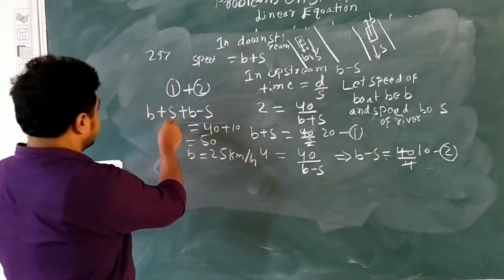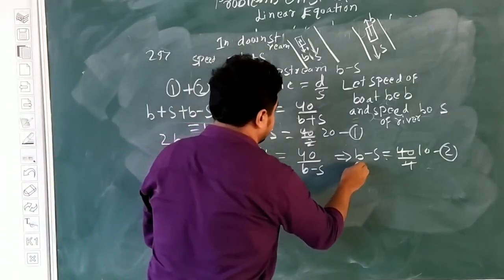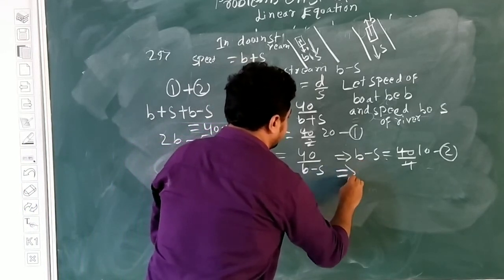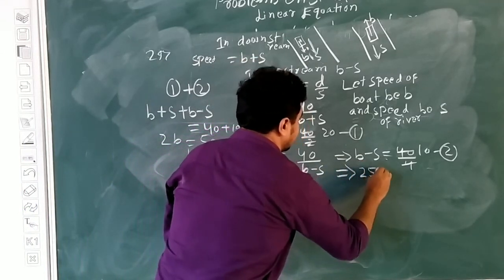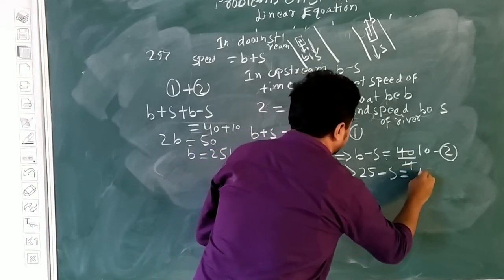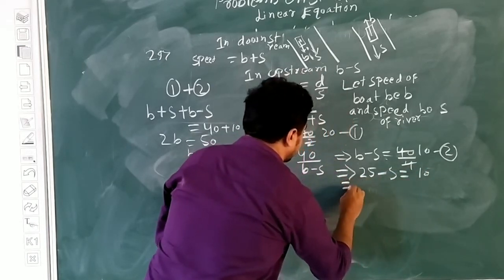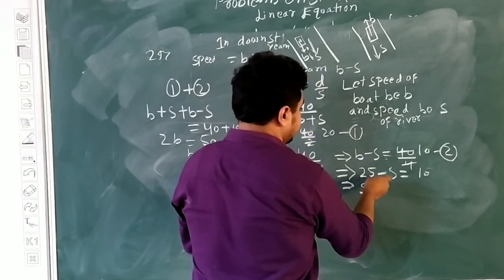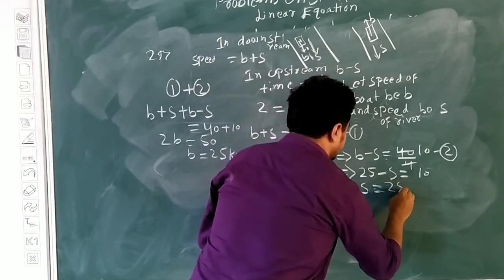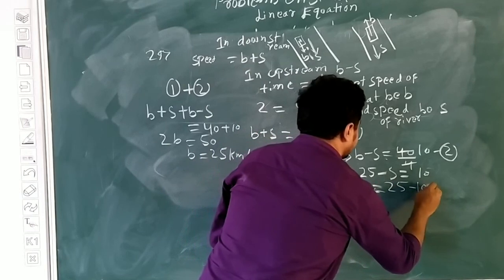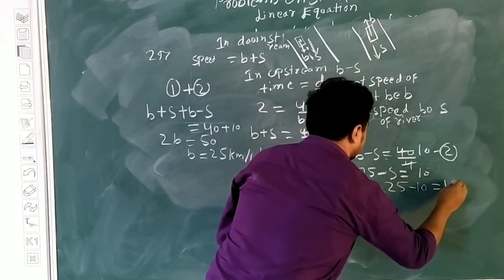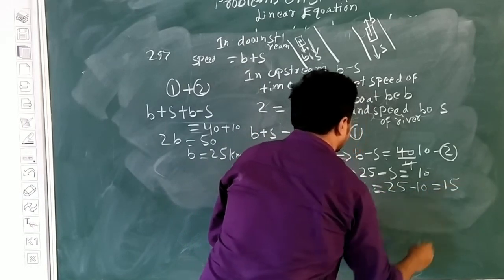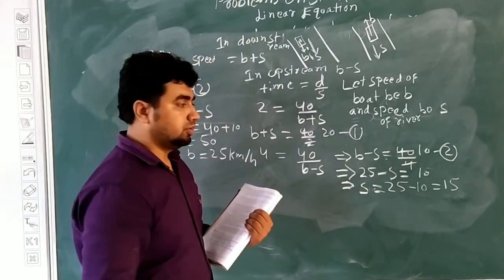If I substitute in any of the equations, v is 25 minus s is equal to 10. So s will be equal to 25 minus 10, which comes out to be 15. So s value we got is equal to 15.